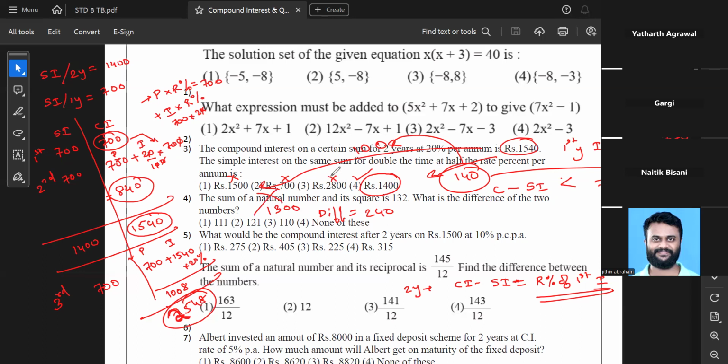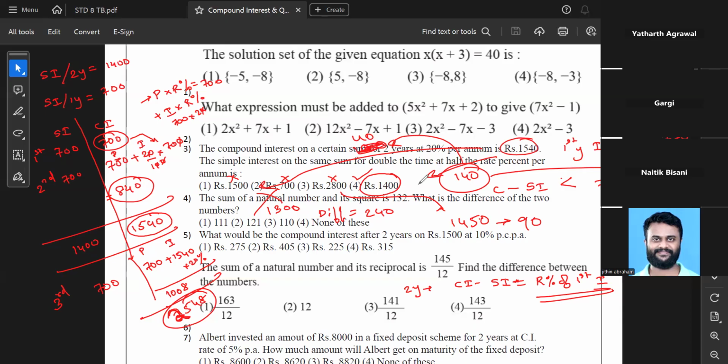If this number was, let's say, 1450, then I would have said the difference between 1450 and 1540 is 90.